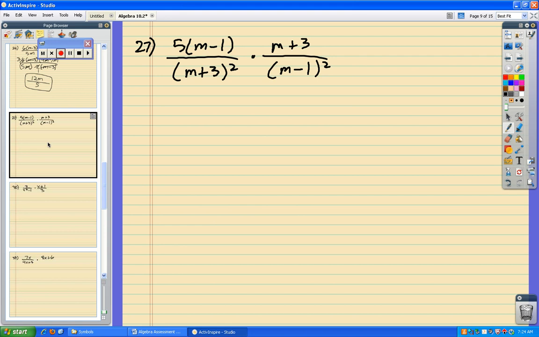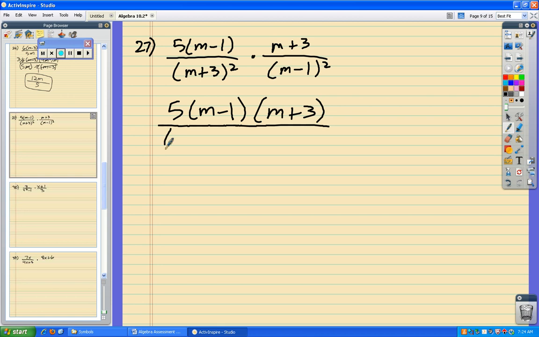Number 27. I'll go the long way again. If you see how to cancel already, then canceling now is not a bad idea. Okay? One big fraction, m plus 3 to the second, m minus 1 to the second.